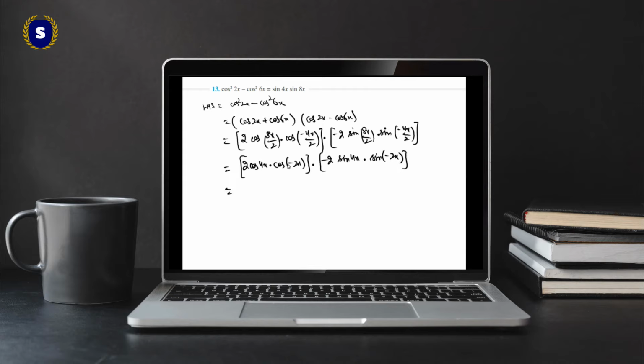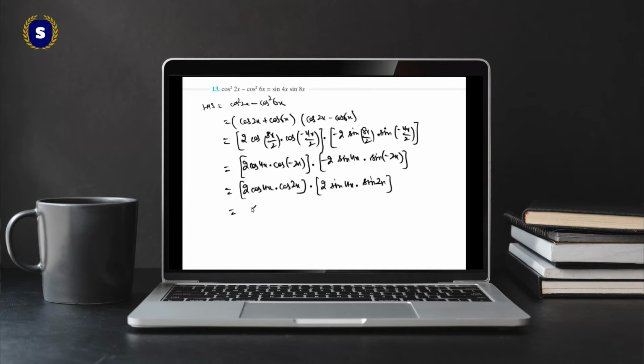So this minus will cancel because cos minus x is equal to cos x only, so this minus doesn't make any difference. And this minus in sine minus 2x will come outside the bracket, outside the sine, and will multiply by this minus sign. Okay, so it will give us positive. So 2 sine 4x into sine 2x.